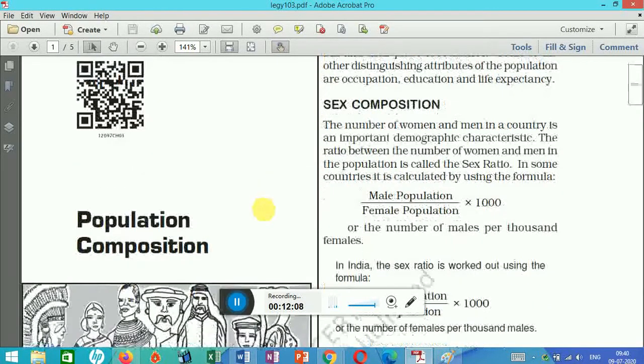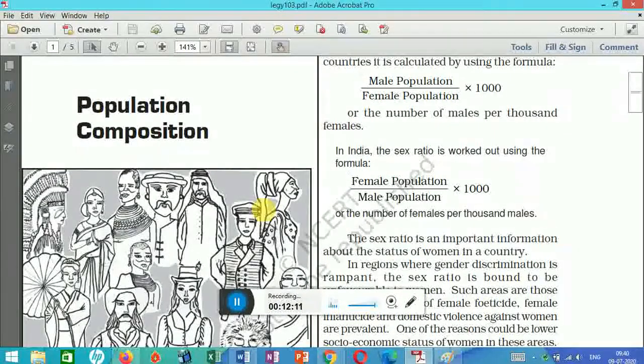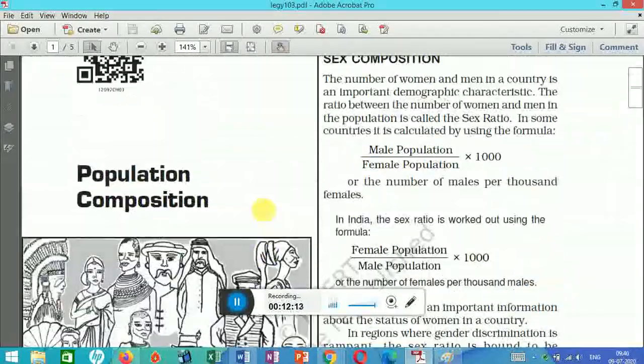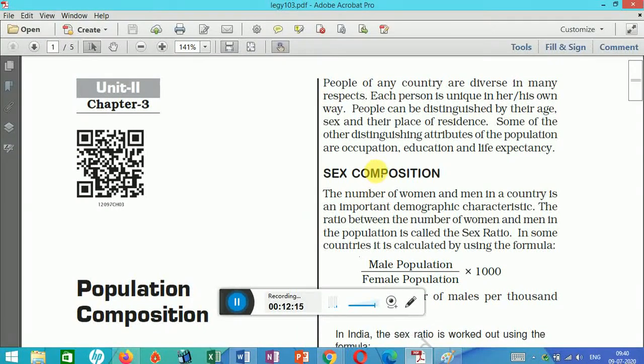So population composition, this is a very important topic, and about the meaning of population composition we have learned earlier.